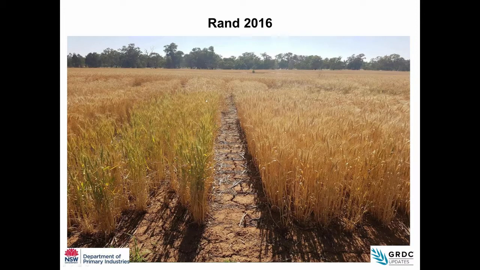As you can see, half of the plot was still green and not really ready for harvest, and the other half, the other varieties, were quite mature and ready for harvest. So the phenology, the time of flowering and then the maturity, was very important when you have genotypic variations between these varieties in a sodic waterlogged condition.